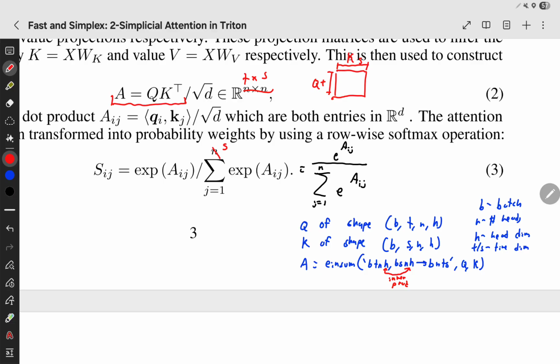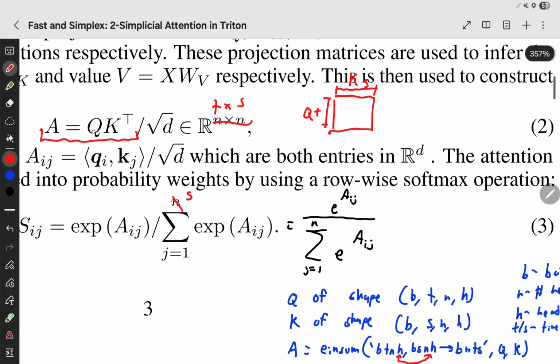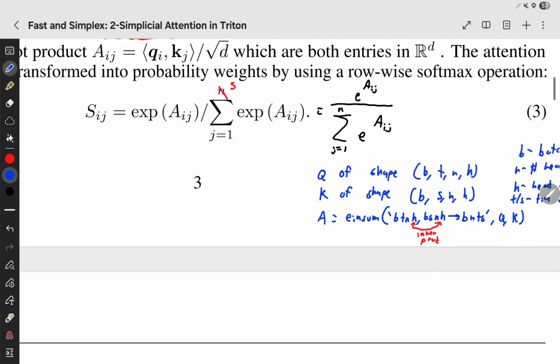Softmax is just normal softmax, and you do it along the rows. So if we have our attention matrix here, for every row you apply softmax, and that's important because we're actually going to be applying it in a slightly different way to add the third dimension.